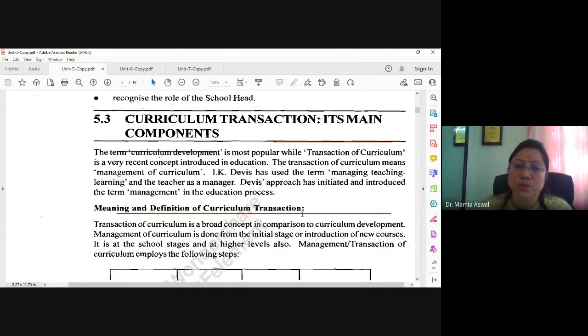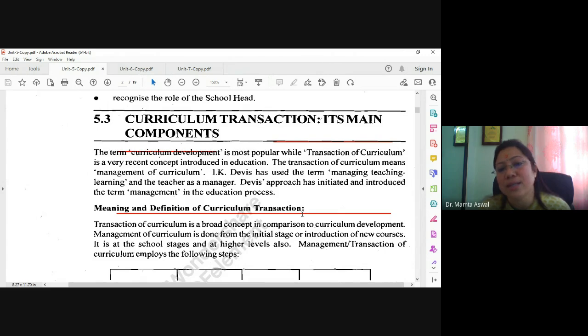Maybe the social environment, the emotional development, the physical development, mathematics, English, Arabic languages, any cultural input which you are providing to the students. Everything is involved inside curriculum, and it's a wider term. So syllabus is also a part of curriculum.